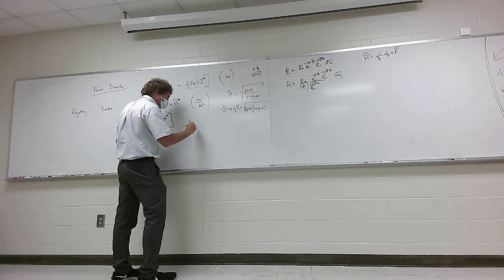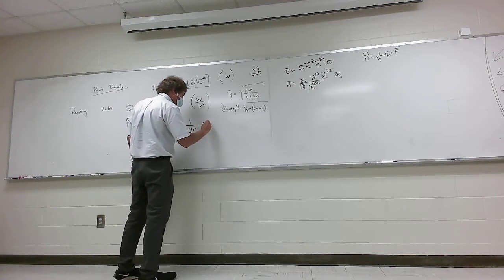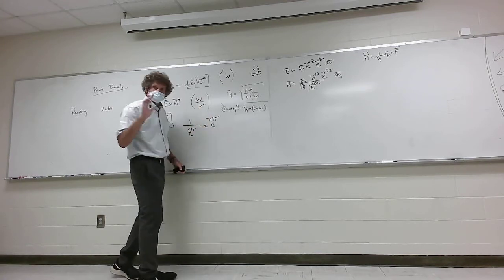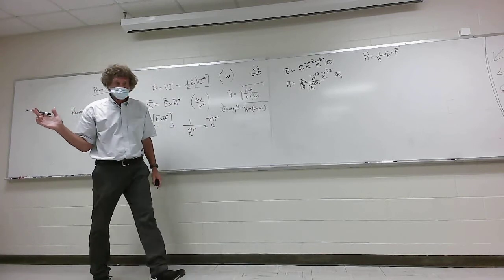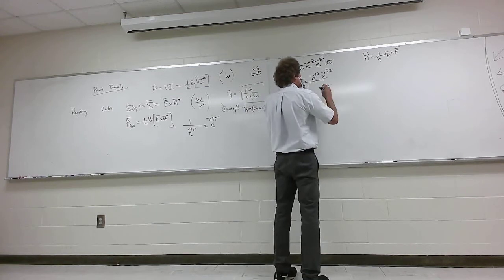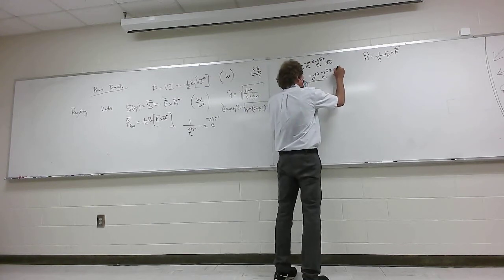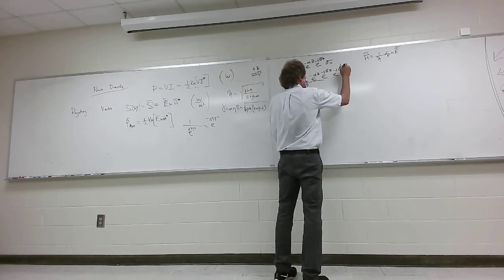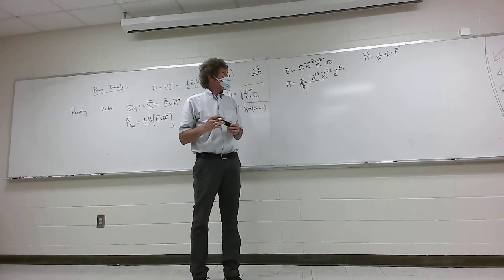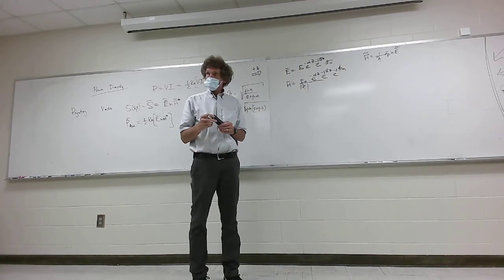If you have 1 over e to the j 45 degrees, that is really the same thing as e to the minus j 45 degrees. Trust me on this one. So I'm just going to take this up here and make it e to the minus j, and it's the angle, or really, I'll call it just theta sub eta, the angle associated with that. Y'all follow me? Got me?